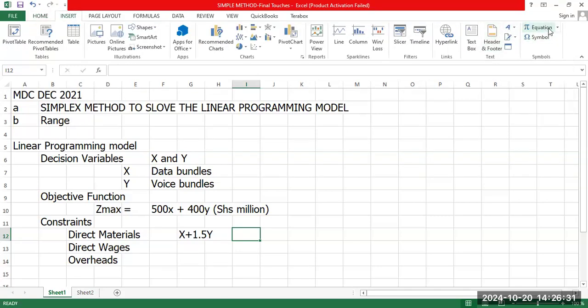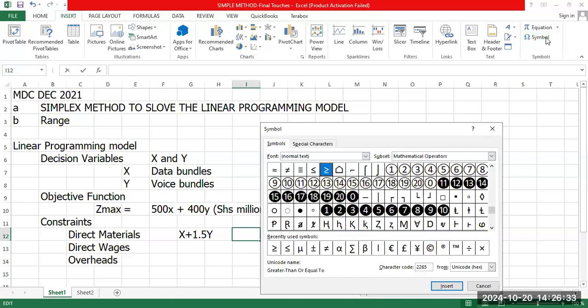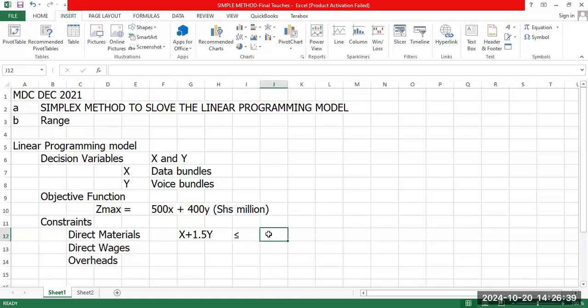So this is the sign used, less or equal to. Okay. It means that as the company, they have only 750 kgs for them to achieve.